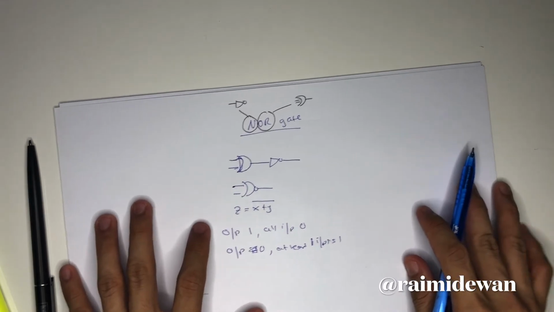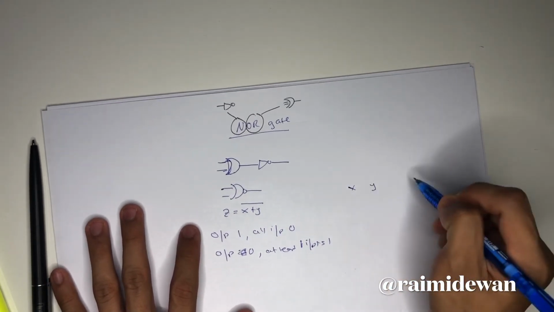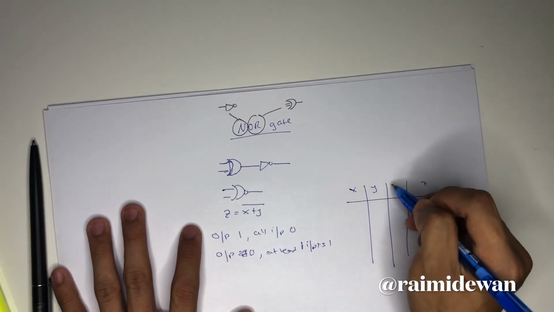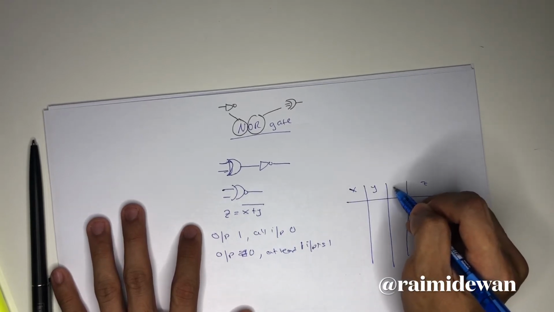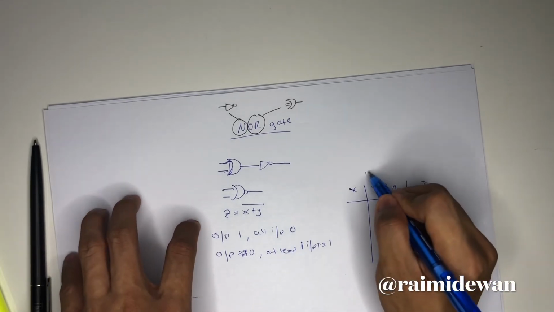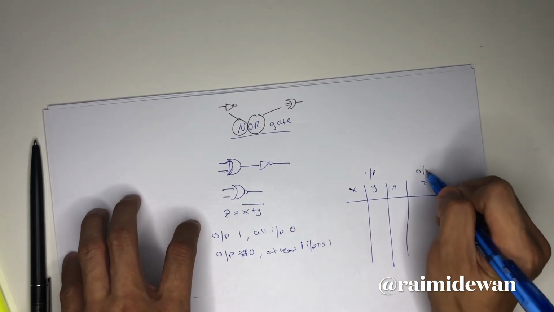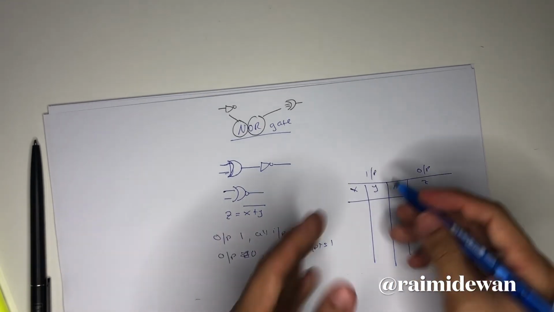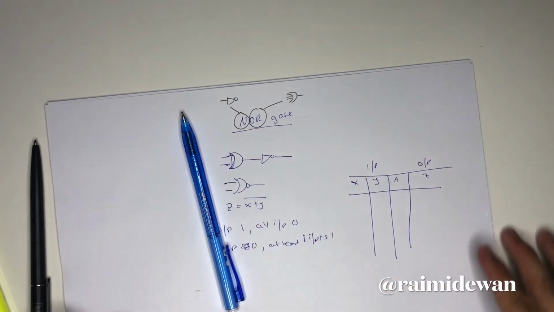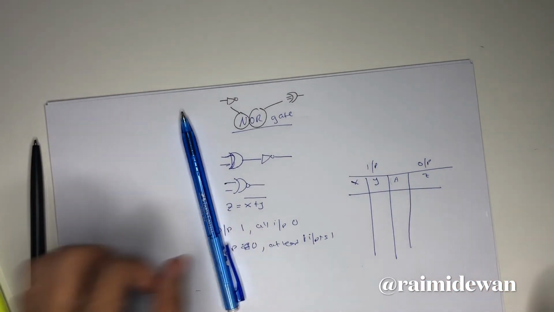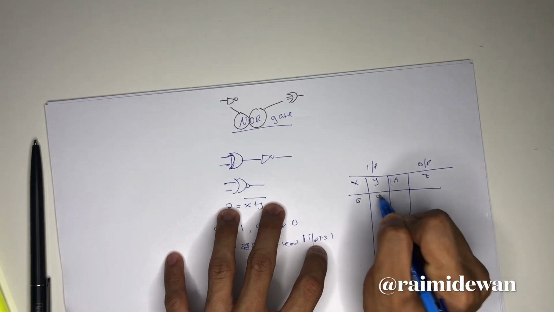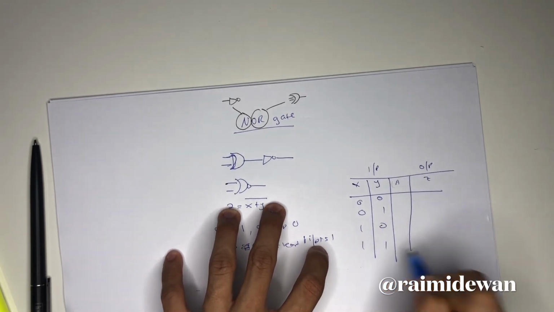Then the same for the truth table, for example, x, y, and z as your output. You can try yourself if you want, with, let's say, a as another input. Don't limit yourself. You can do self-experiment. But for simplicity, and so that we don't take much time, I will use only 2 inputs because the concept is just the same. So for x input, you have 0, 0, 1, 1, and y 0, 1, 0, 1.